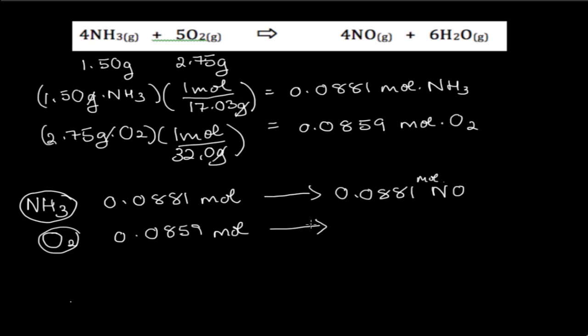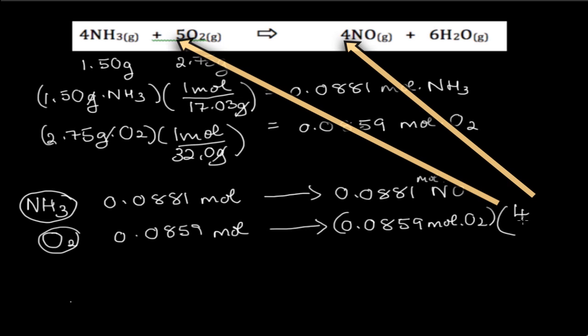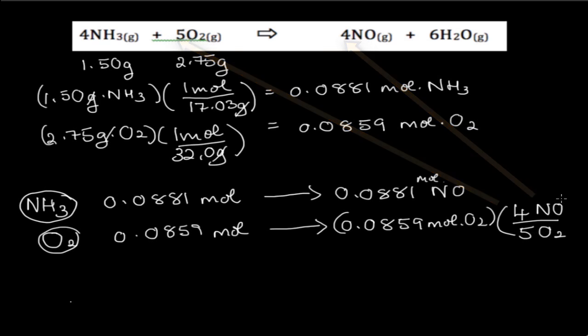This is going to give us, for the NO, now this time the ratio is 4:5, so we have to do a bit of calculation. 0.0859 moles of oxygen, and that's 4 NOs for every 5 oxygens.